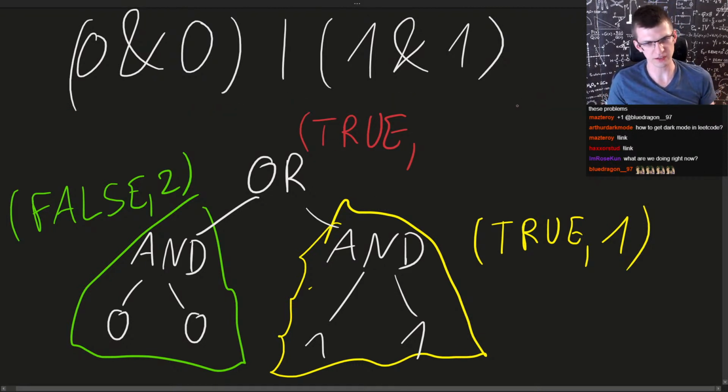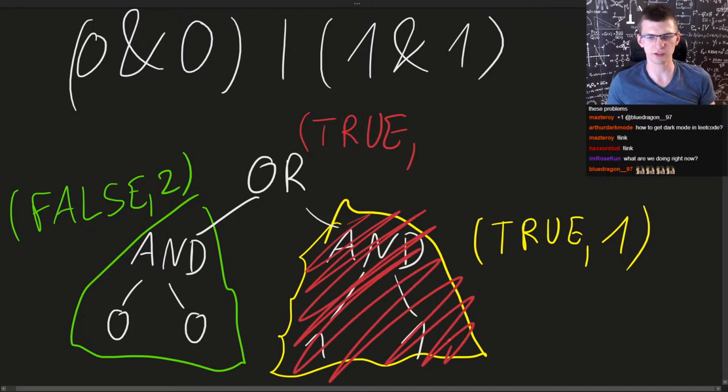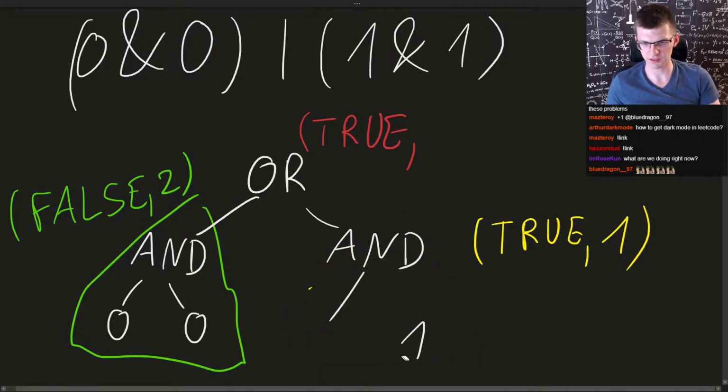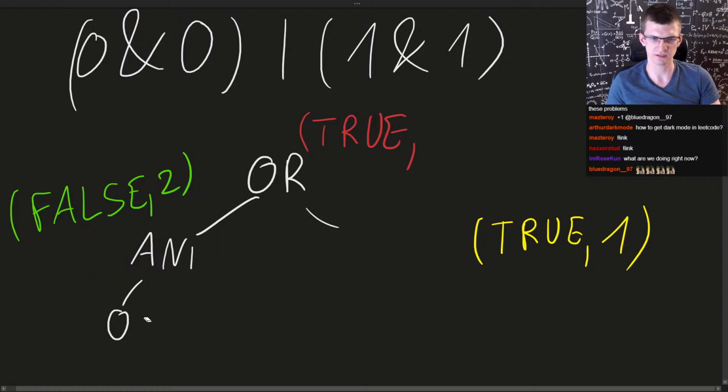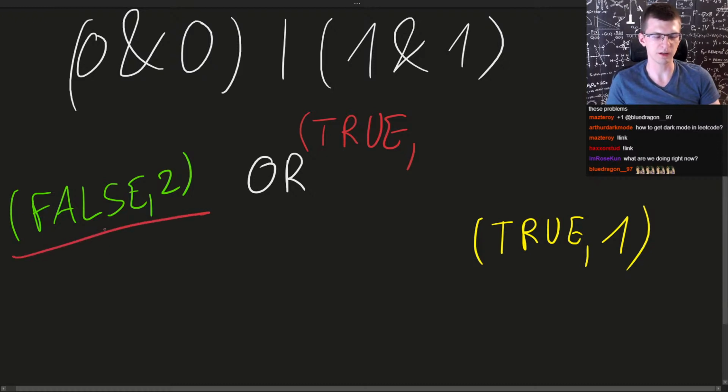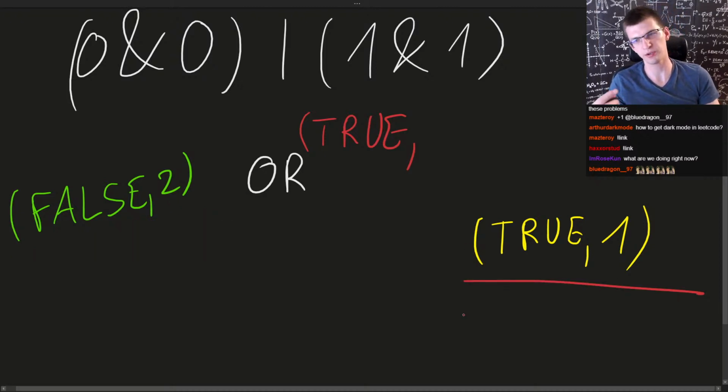What's important in dynamic programming on a tree is that now we can forget completely, and by completely I mean let's literally erase it. We don't have any access to that. I just know that on the left there was something evaluated to false, but with two operations I can change it to true. On the right there was something evaluated to true, and with one operation I can change it to false.